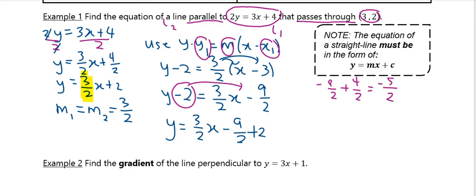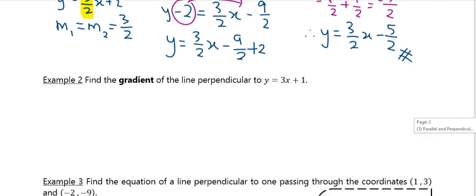So therefore your equation of the line is y = 3/2 x - 5/2. So that's the first example, right? Just have a look at the gradient first. This is line 1, 3/2. The second one will also be the same, the gradient, I mean.